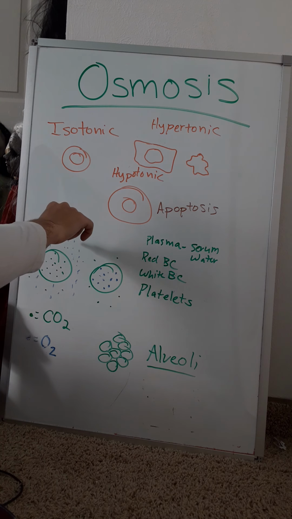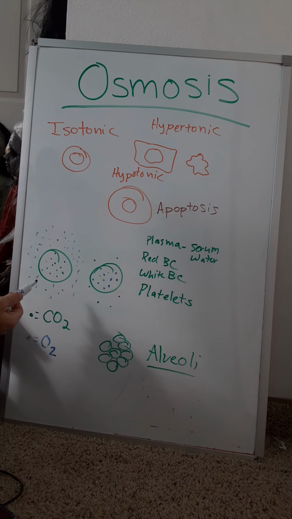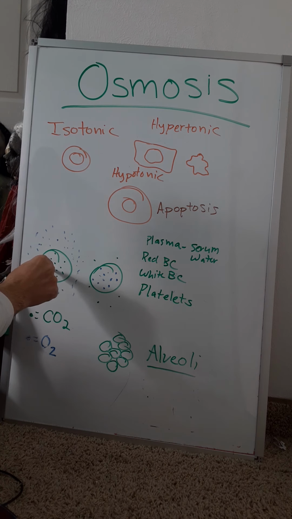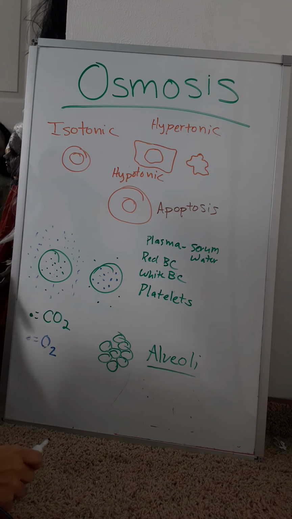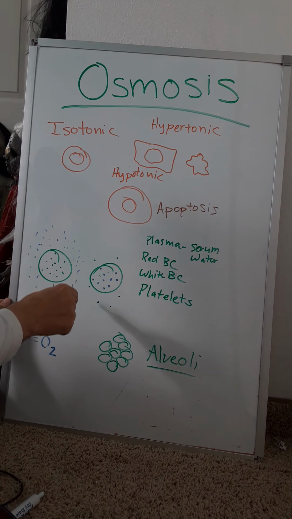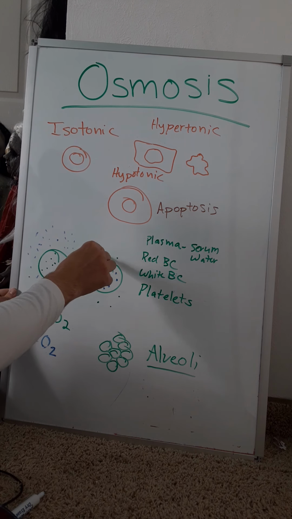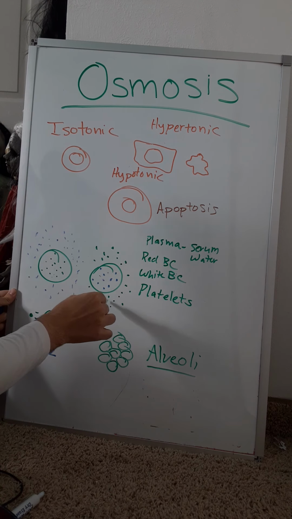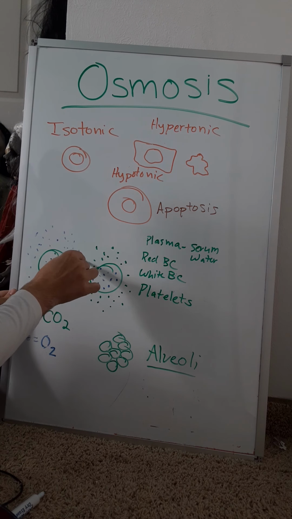Oxygen is going to pass into it to equalize that, so you'll start getting oxygen inside the red blood cell. And then vice versa, because the concentration on the outside all of a sudden becomes a lot lower, the carbon dioxide will leave the cell and be expelled out of your respiratory system.